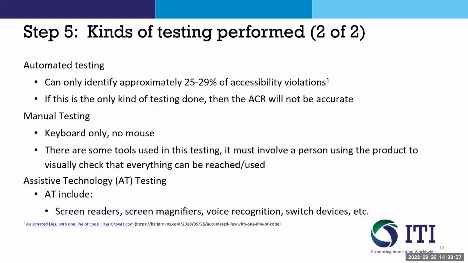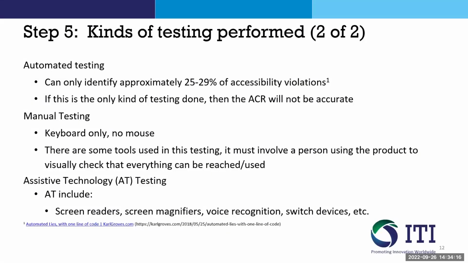Continuing with this theme of the kinds of testing performed, automated testing can only identify, on a good day, 29% of accessibility violations. Now, this number can be much less than that, and it rarely could be a little more than that.